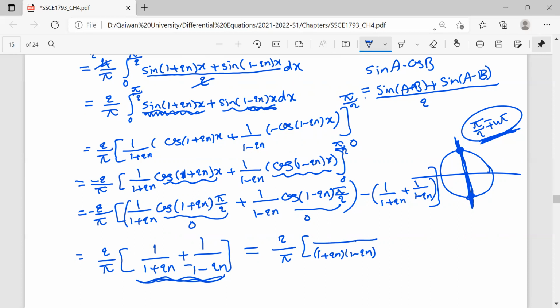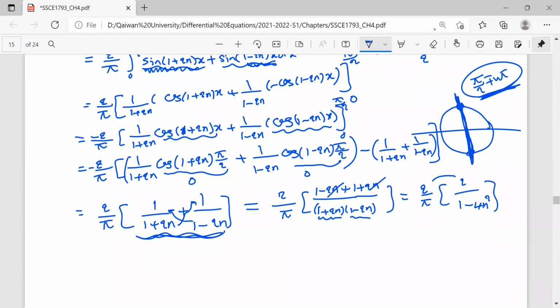We multiply this to there and this to there. We get 1 minus 2n plus 1 plus 2n. The 2n terms cancel and we get only 2. This equals 2 over pi times 2 over (1 minus 2n)(1 plus 2n), which is 1 minus 4n squared. It's the difference of squares.